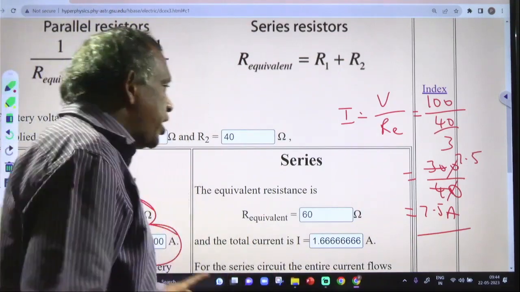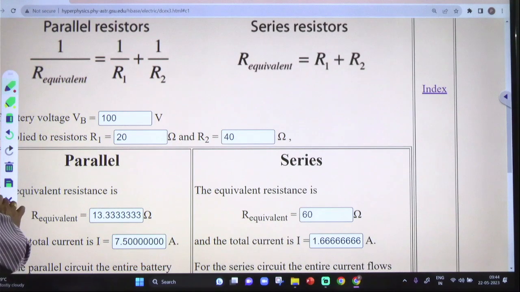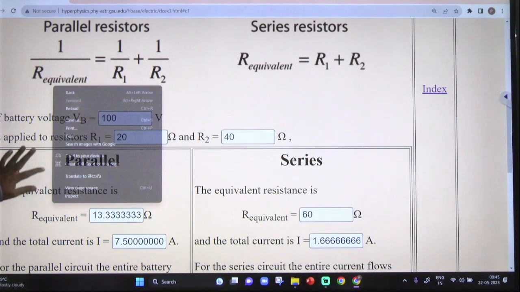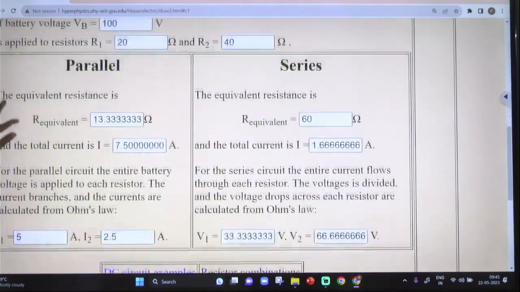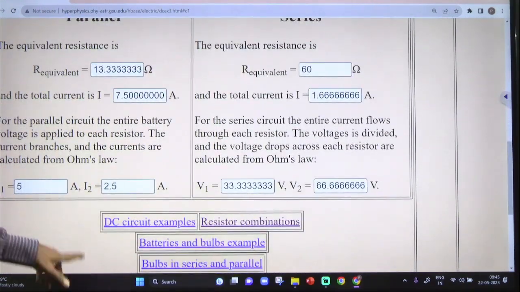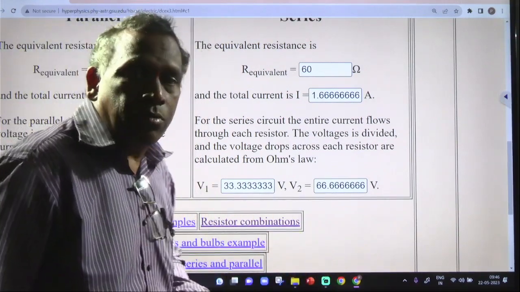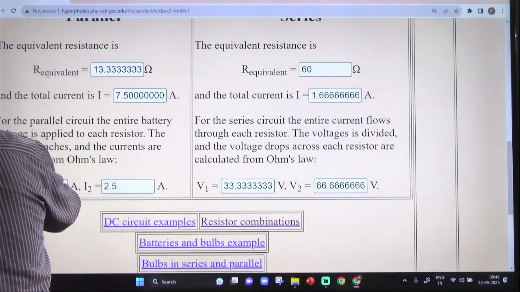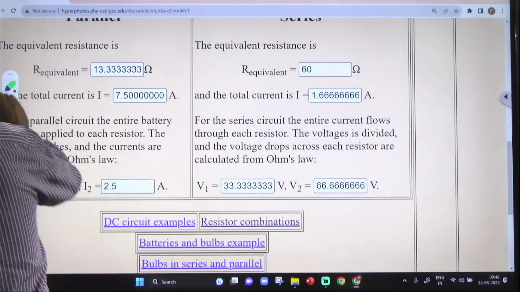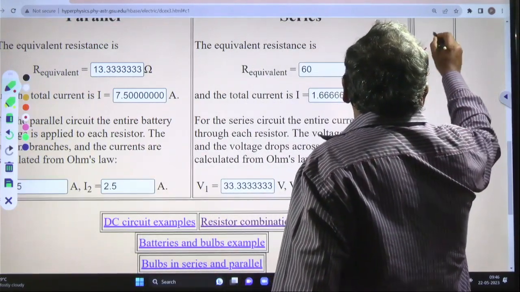Similarly, if you try to find out the individual currents, you get the individual current values across the R1 resistor of 20 ohms and the R2 resistor of 40 ohms. How to find that? According to the parallel connection, I1 equals V by R1.